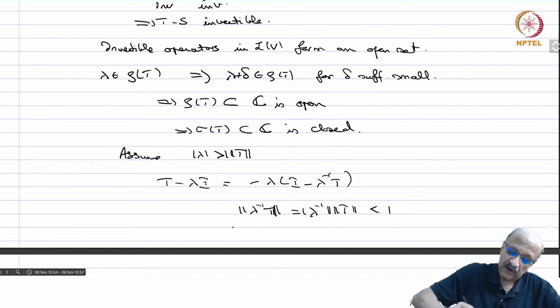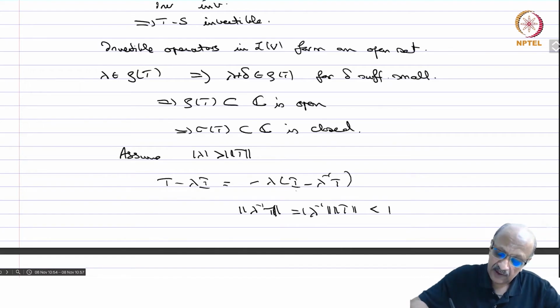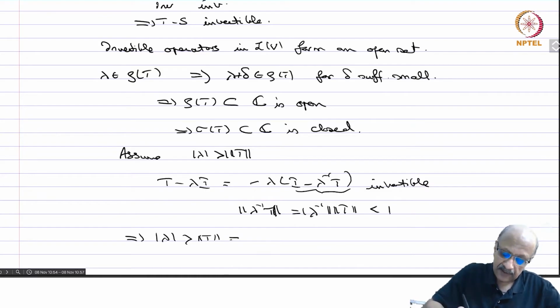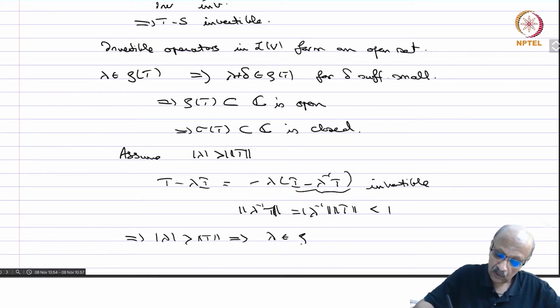So this again becomes invertible. Therefore mod lambda greater than norm T implies that lambda belongs to rho(T).